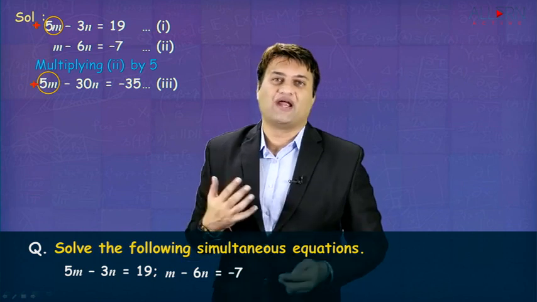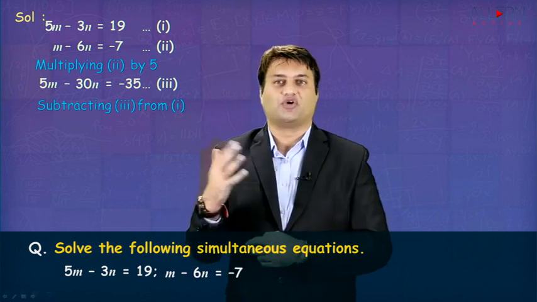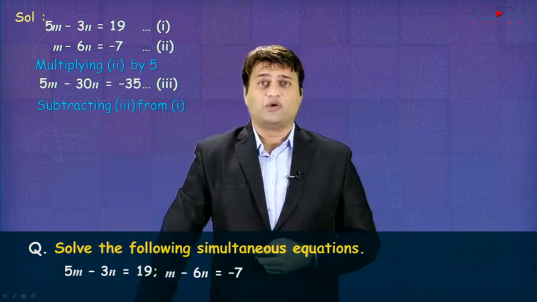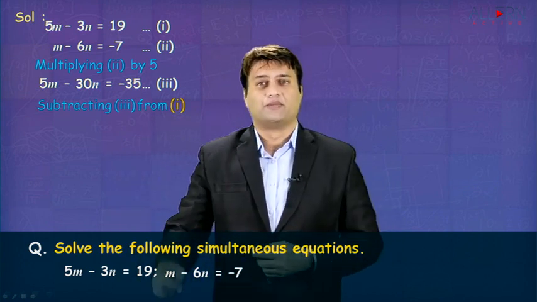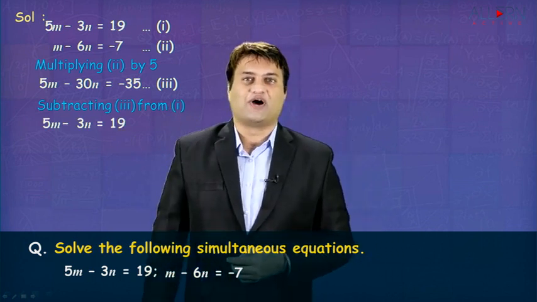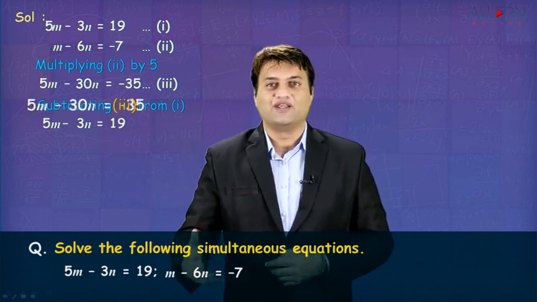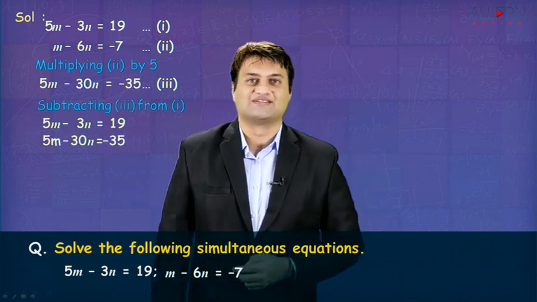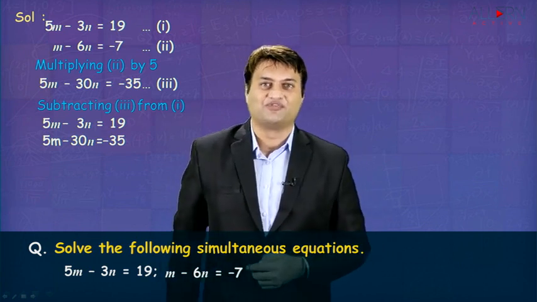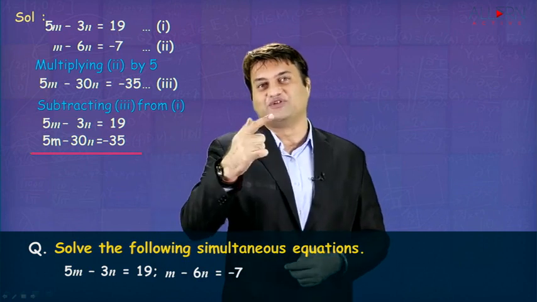You can either subtract equation 1 from equation 3, or you can subtract 3 from 1. The choice is yours. When you subtract equation 3 from equation 1, remember that you need to write the first equation first. So that's your first equation, 5m minus 3n is equal to 19. That's your third equation, 5m minus 30n is equal to minus 35. We are subtracting, so don't forget to leave some space because we need to change the signs as well.